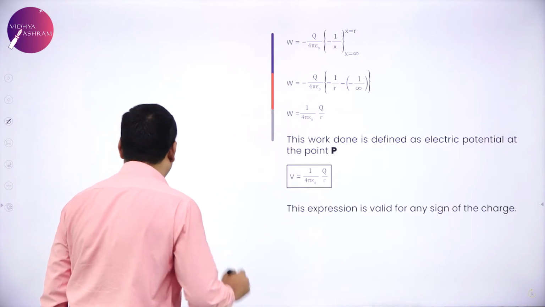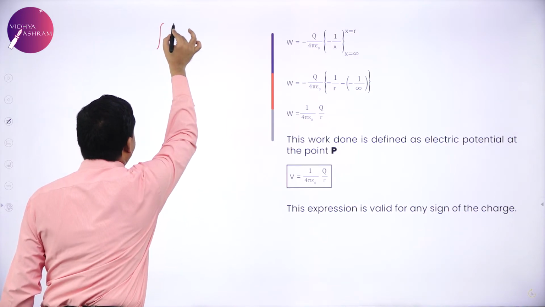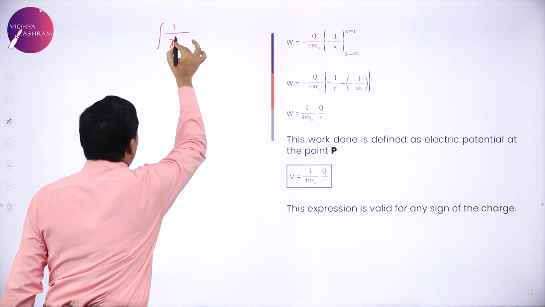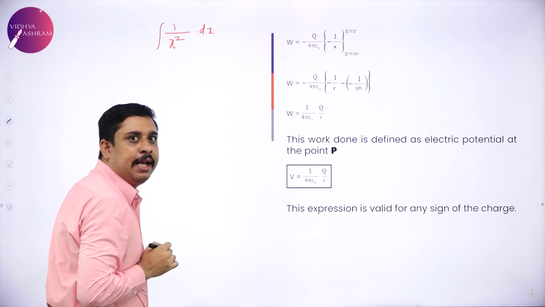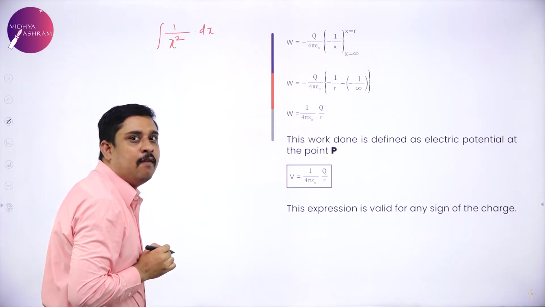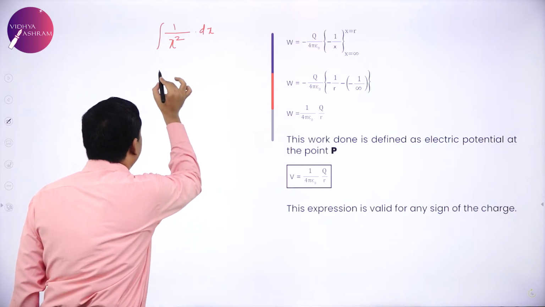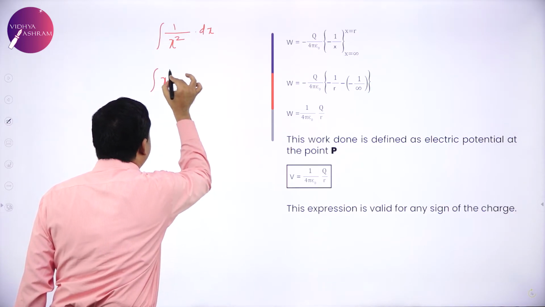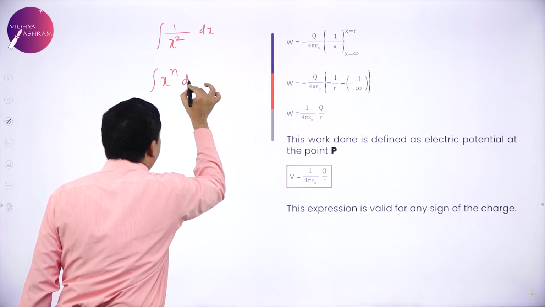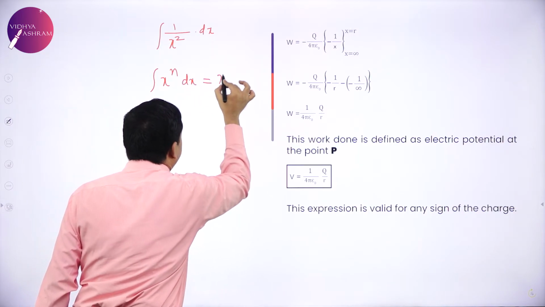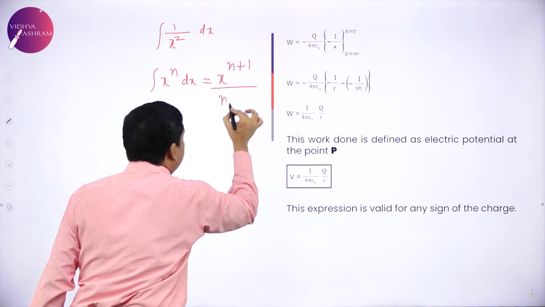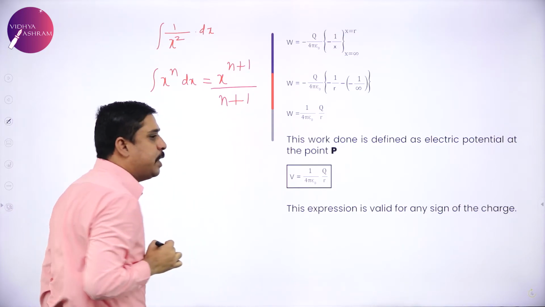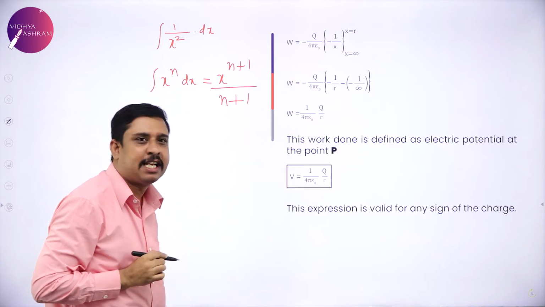we will now learn how to integrate 1 by x square dx. It is a standard formula which you learn in your math. Integration of x to the power n dx is x to the power n plus 1 divided by n plus 1, with an integration constant.